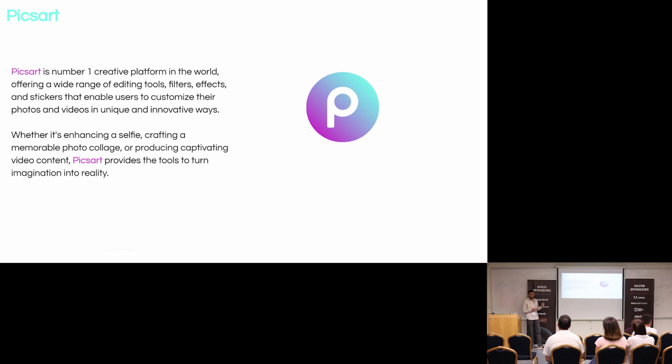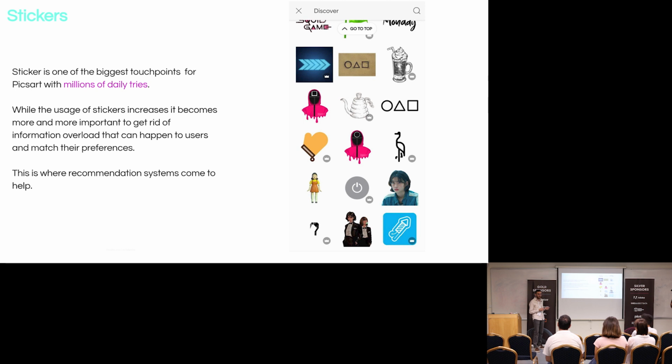And as you saw from the topic of the talk, we will talk about stickers. But what are stickers? Stickers are PNG images that have transparency and are very frequently used in PicsArt.